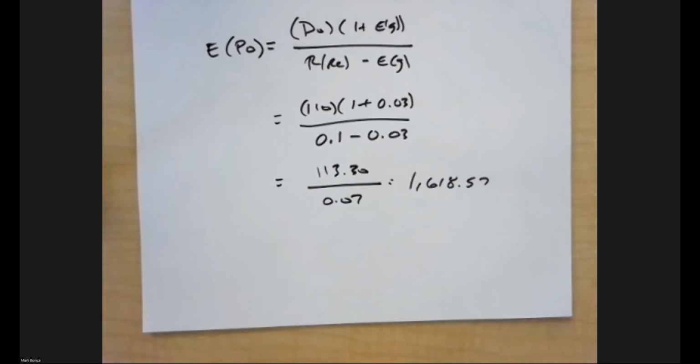Now here's the thing. When we dealt with this as stock prices, we were saying, what do we think this firm is worth today? What's a share of this stock worth today? We were valuing it based on the dividends that it was going to pay us. So if the dividend was going to be $110, which is a pretty rich dividend, but there are stocks out there that pay $100 dividends.